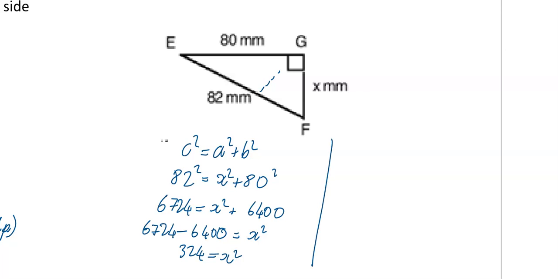And again, we'll do the same as we did last time. We'll write down x squared first. So x squared equals 324. How you would get your x is the square root of 324. So your x works out to be, and this is actually a nice one, 18, bang on 18, so 18 millimeters.